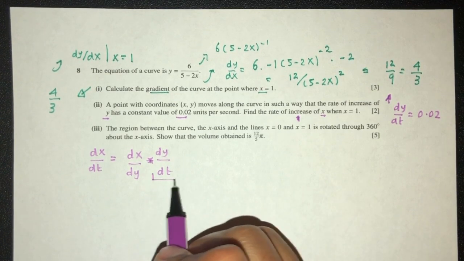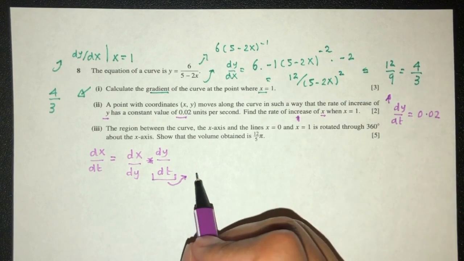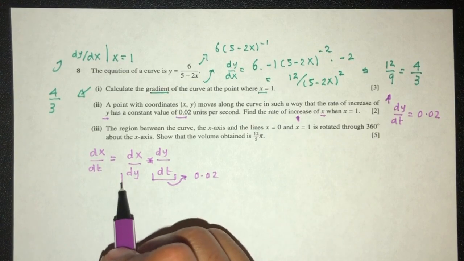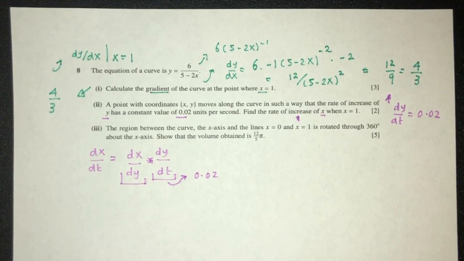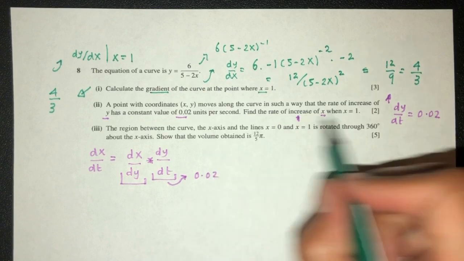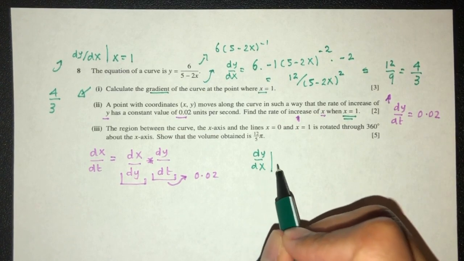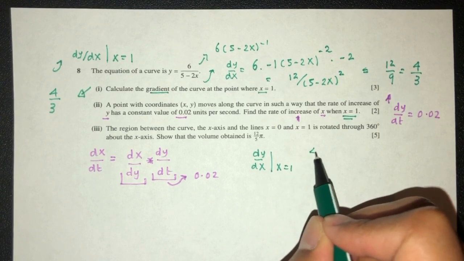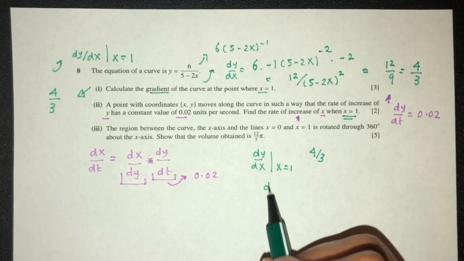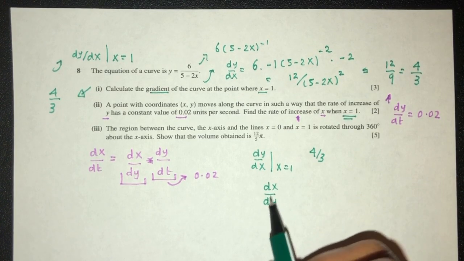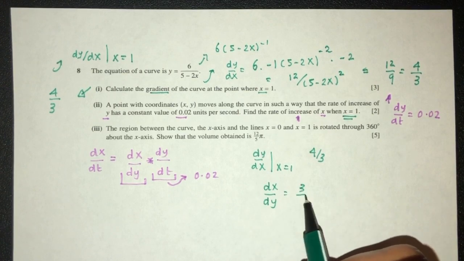Now dy by dt we know already. That is 0.02. So we have to find dx by dy. So at the value of this, we know that dy by dx is equal to 4 over 3. However, dx by dy, we just have to reverse this, will be 3 over 4.